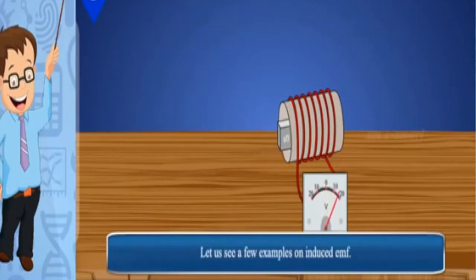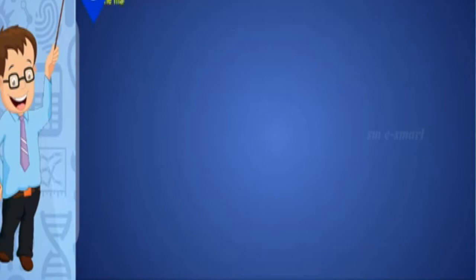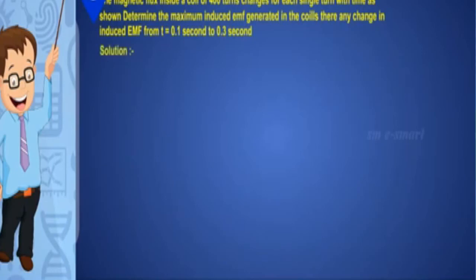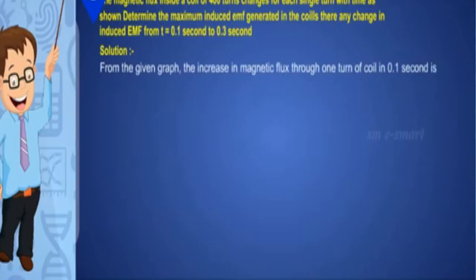Let us see a few examples on induced EMF. Example: the magnetic flux inside a coil of 400 turns changes for each single turn with time as shown. Determine the maximum induced EMF generated in the coil. Is there any change in induced EMF from t equals 0.1 second to 0.3 second? Solution: from the given graph, the increase in magnetic flux through one turn of the coil in 0.1 second is 0.001 Wb.